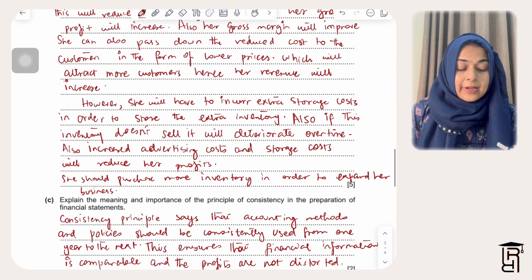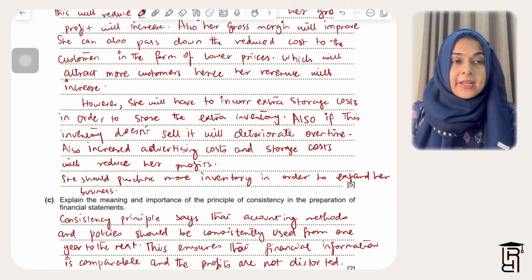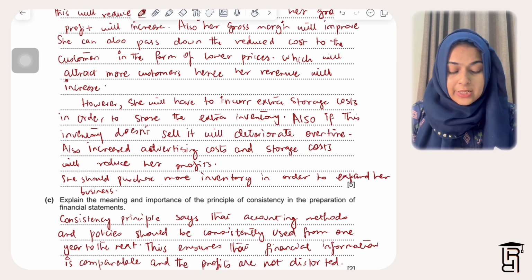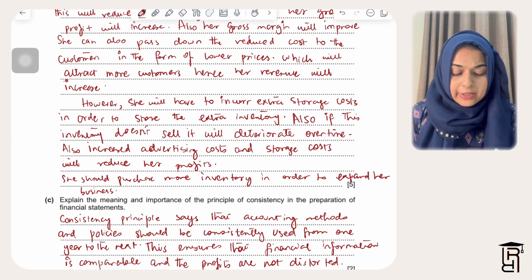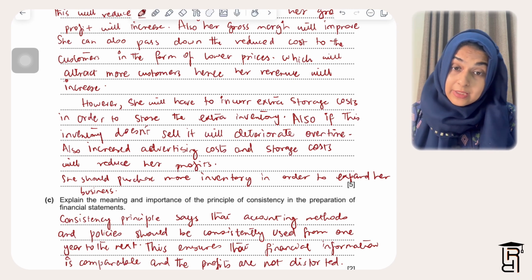However, she'll have to incur extra storage costs. Once she buys the extra inventory at a reduced price, she'll have to store that inventory somewhere, and she'll have to pay for the storage cost. Also, if inventory doesn't sell, it will deteriorate over time. Also, increased advertising costs and storage costs will reduce her profits because advertising costs will come in the expenses section.